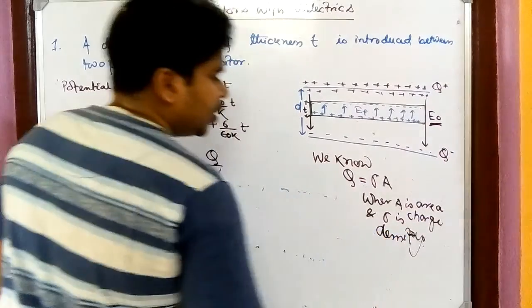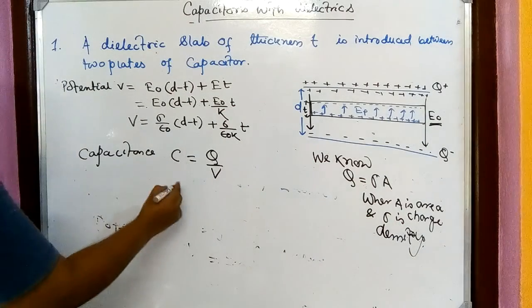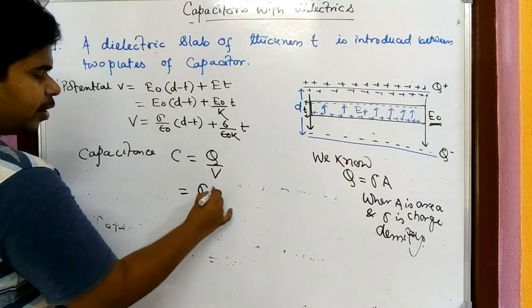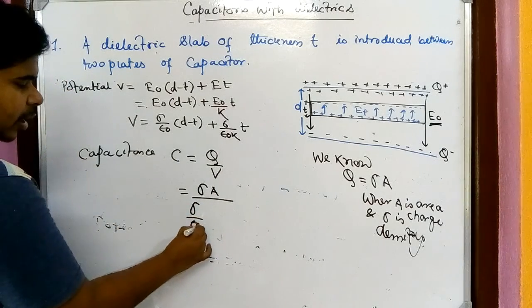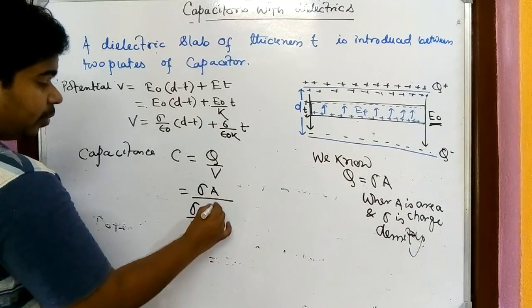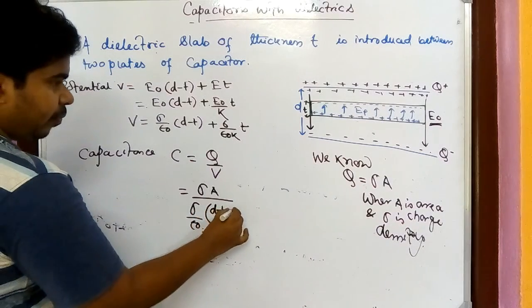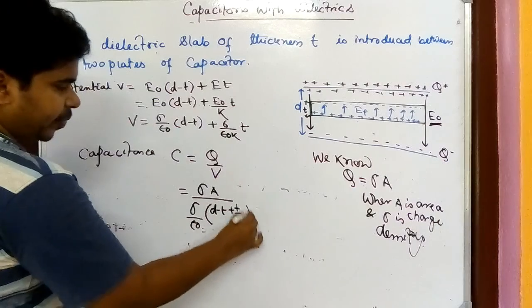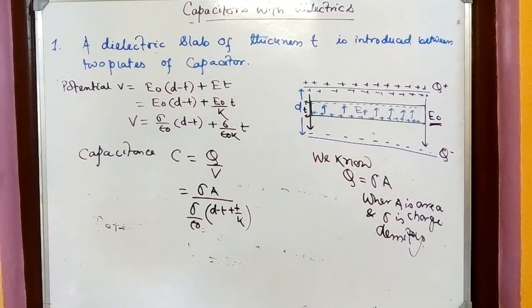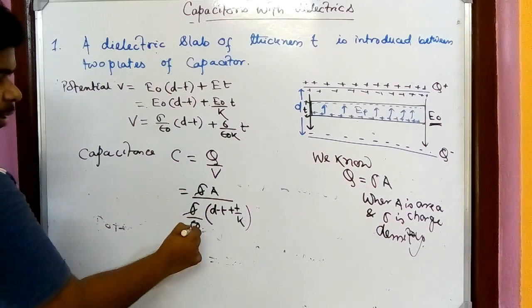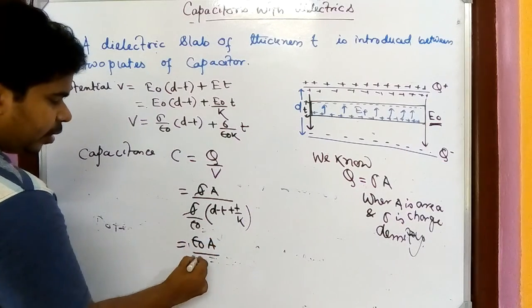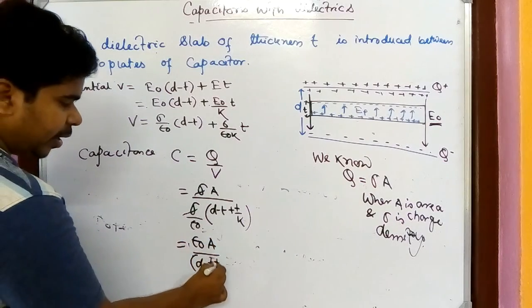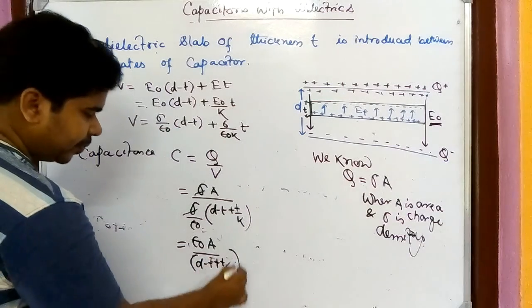Charge density means charge per unit area. So here instead of Q we write sigma into A, and in V, if we take sigma by epsilon naught common, it will come D minus T plus T by K. Now sigma will cancel out, and epsilon naught A over D minus T plus T by K will come.